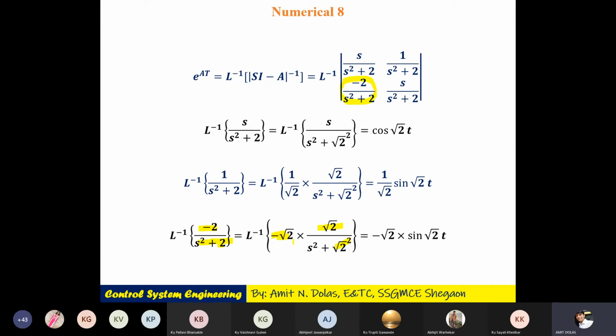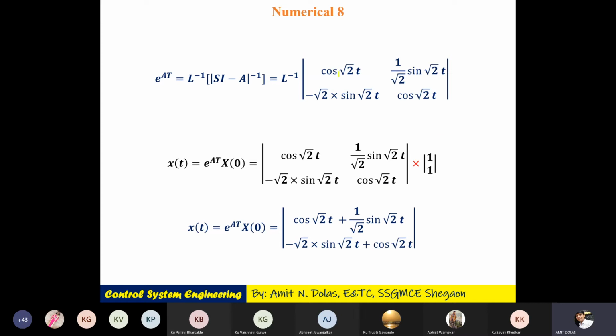So in this way we have minus, it is in the form of a upon S square plus a square. So this is minus root 2 sine of root 2 t. So put this value in place of this, and these values into the e raised to power At. So finally we get this e raised to power At term.